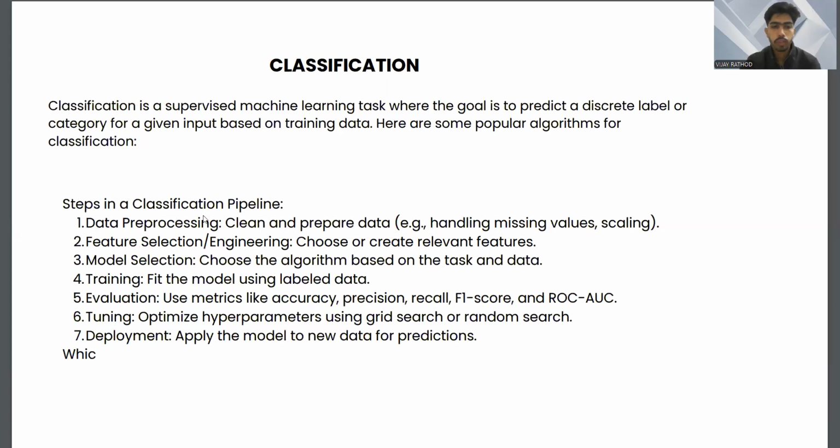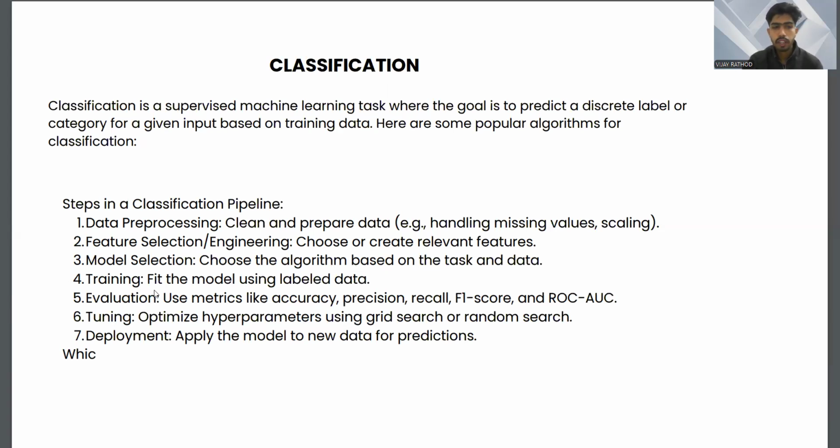The steps of the classification pipeline: the first is data preparation, preprocessing, cleaning and preparing the data. Second is feature selection or engineering, choosing or creating relevant features. Third is model selection, choosing the algorithm based on the task and data.